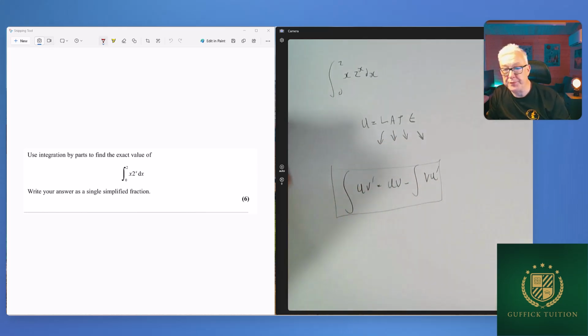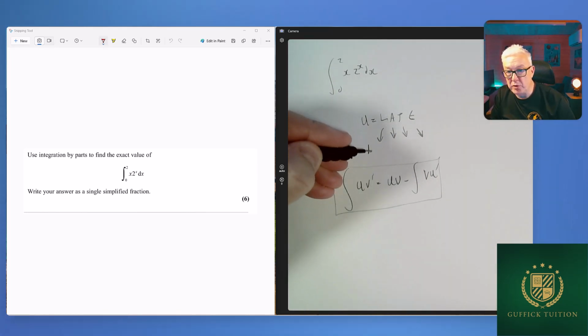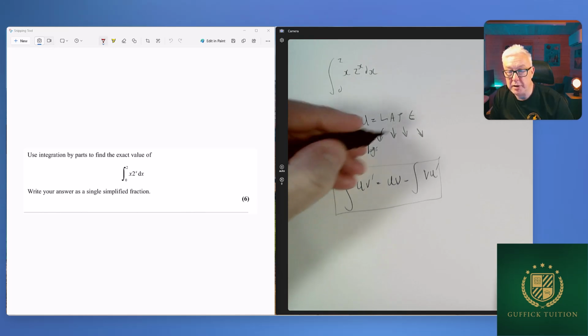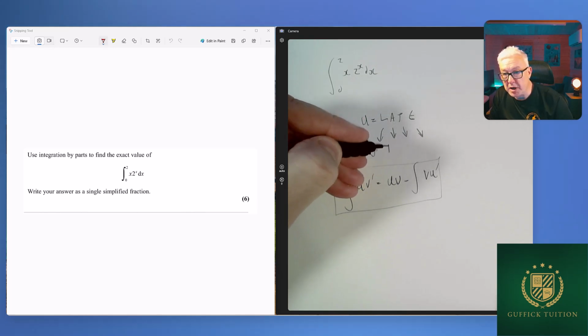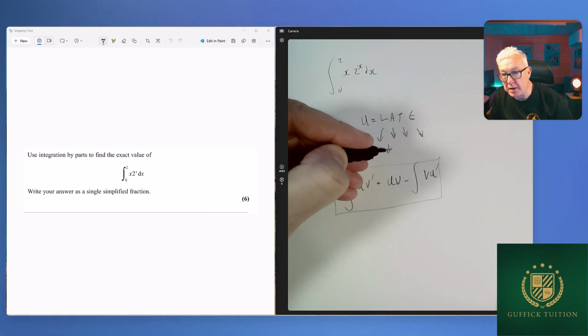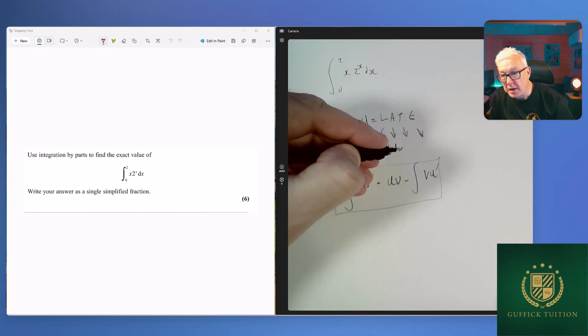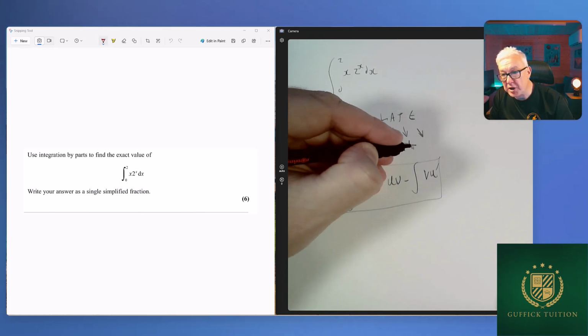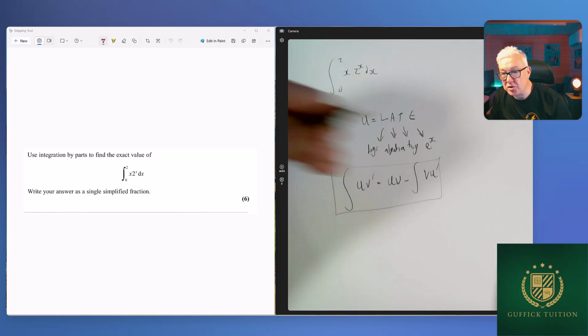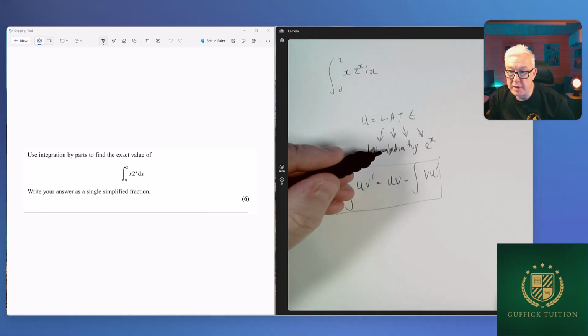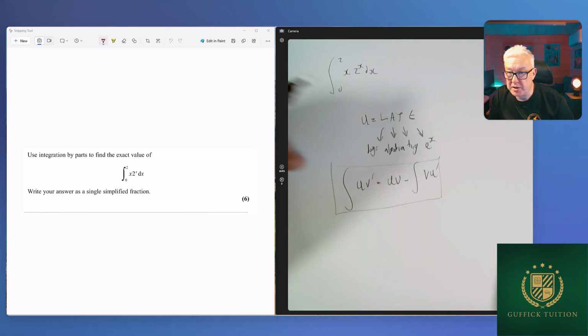So L stands for logs, so including ln. A stands for algebra. T stands for trigonometry and E stands for exponentials. So logarithms, algebra, trigonometry and exponentials.